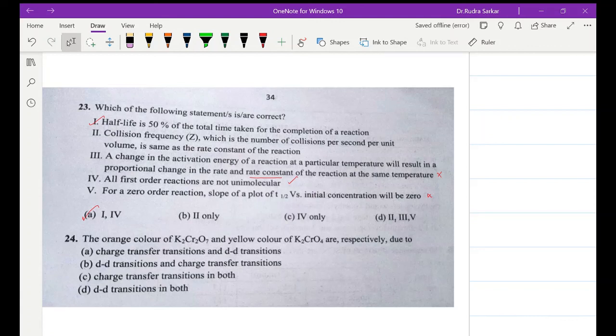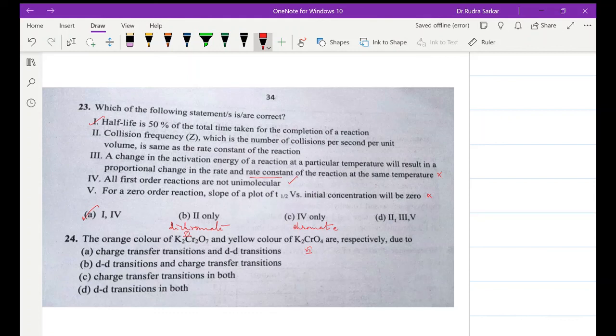The orange color of K2Cr2O7 and yellow color of K2CrO4. So this is basically dichromate and chromate, okay? In both, the chromium is in +6 oxidation state and oxygen acts as a weak field ligand over here.